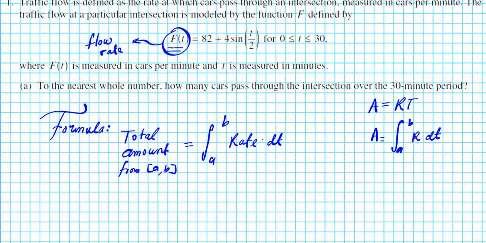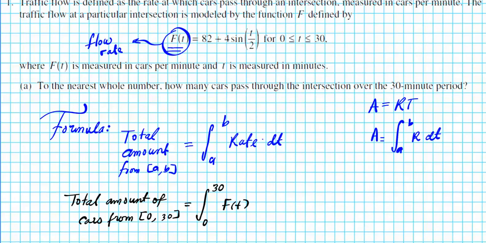So the total amount of cars, going from 0 to 30, is going to be the integral from the start time 0 to the end time of 30 of the rate function, which is f of t dt. Now this is a calculator active question, so we're going to be using our calculator to compute the value of this definite integral.